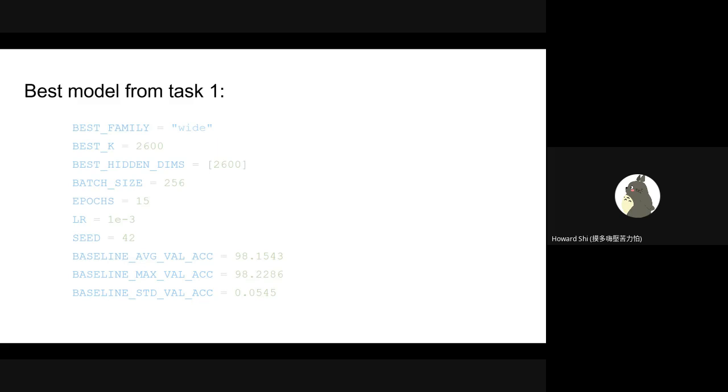We use a wide model family with K equals 2,600, a batch size of 256, and it was trained for 15 epochs. This baseline model achieved an average validation accuracy of 98.15%. Next page.